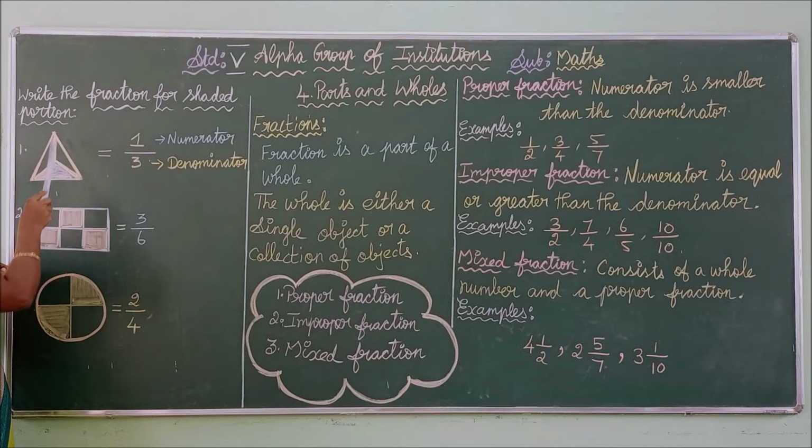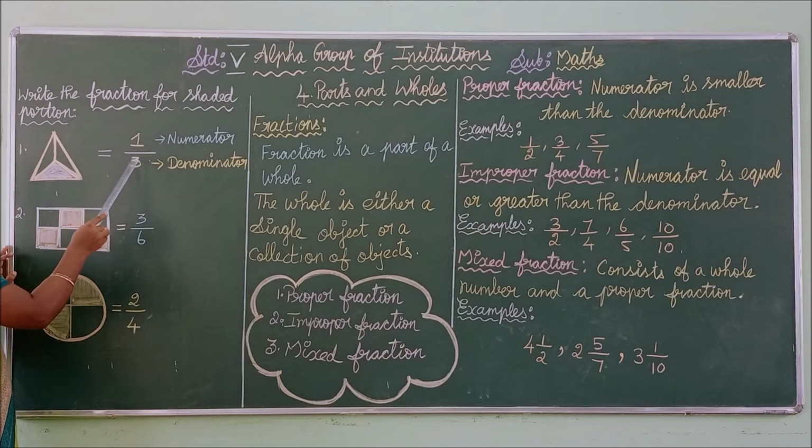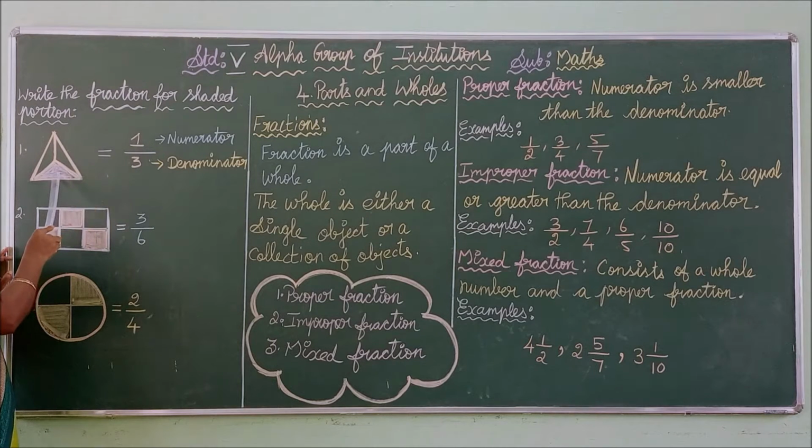How many parts are in this triangle? 1, 2, 3. Totally 3 parts. How many parts are shaded? Only 1 part. So, how do you write the fraction? You write the total parts, 3, as the denominator and the shaded portion, 1, as the numerator. Thus 1 by 3 is the answer.